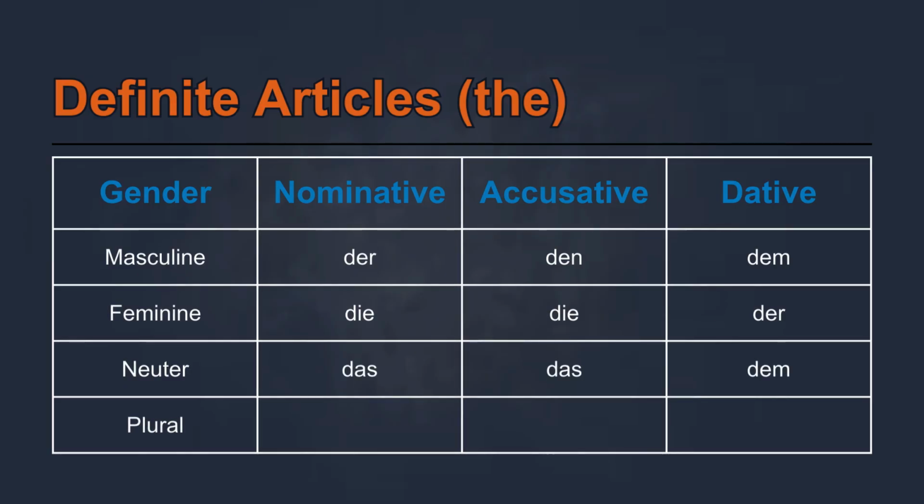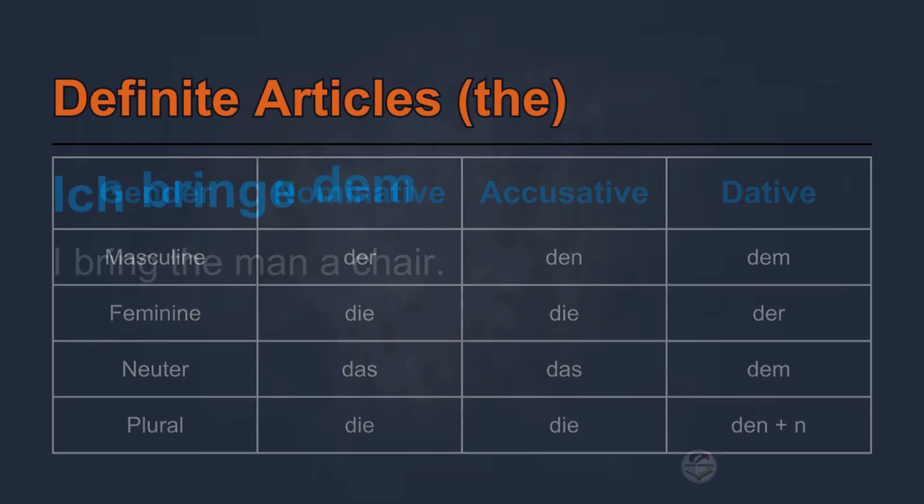Neuter, das, dem. Plural, die, den plus n. Notice all articles change in dative. Masculine and neuter become dem. Feminine becomes der, and plural becomes den, plus you add an n to the end of the noun itself.